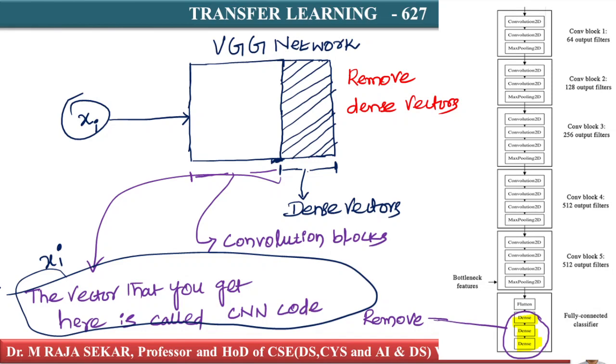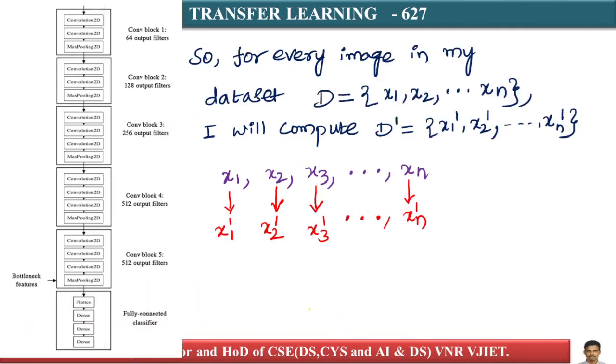Now I have x1 dash, x2 dash, x3 dash. I have this new data set. Let's call this data set D dash, equal to x1 dash, x2 dash, x3 dash.